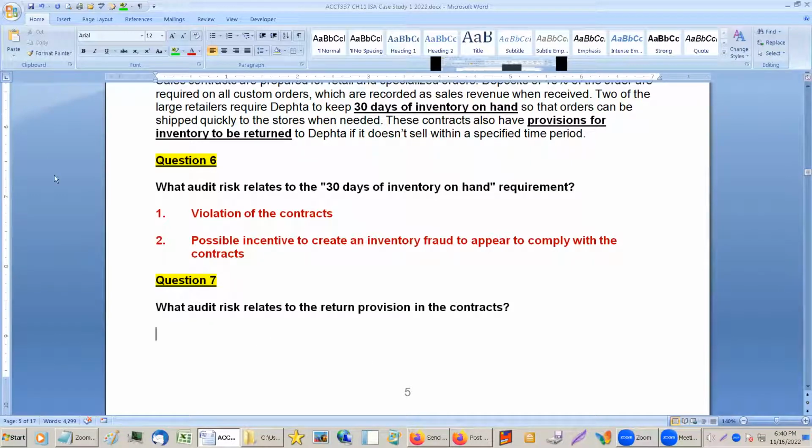What's the problem with that? So they make the sale, they book it. Okay, we sold them the stuff. We book it for whatever the amount was, and then it comes back. What's the problem?